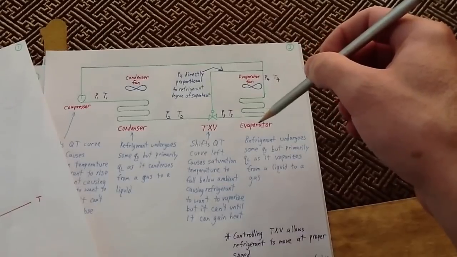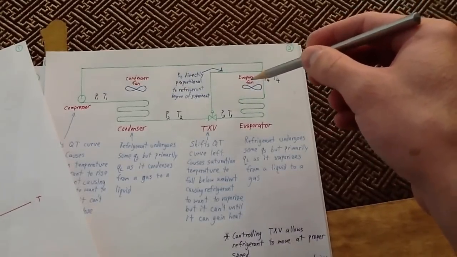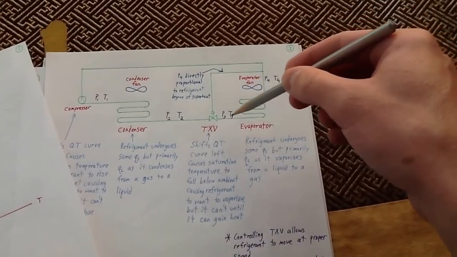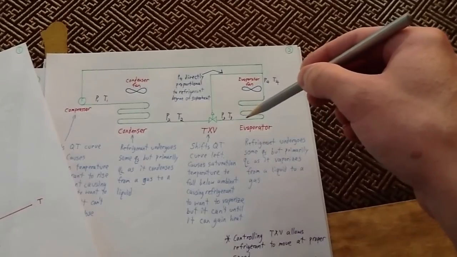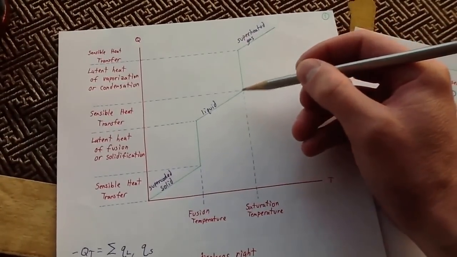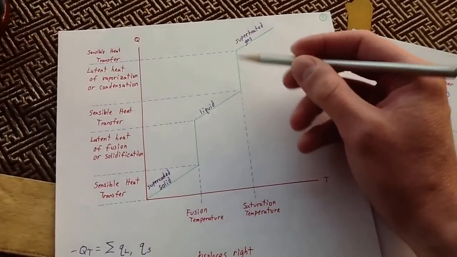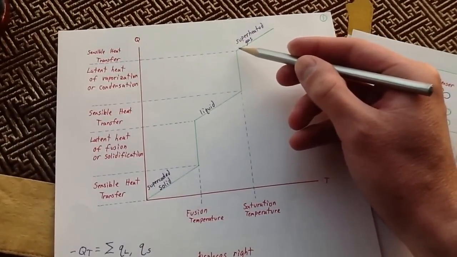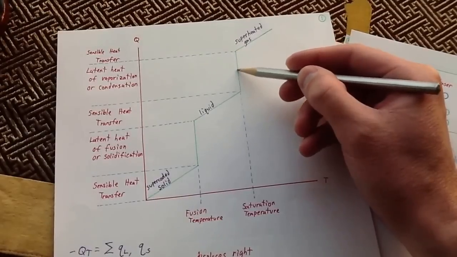And so that's the purpose of the evaporator right here. You have an evaporator fan that blows across this. As the refrigerant goes through the evaporator, it's going to transfer from a liquid back into a gas, and then it's going to go backwards. So compressor and condenser, it's going to go this way.